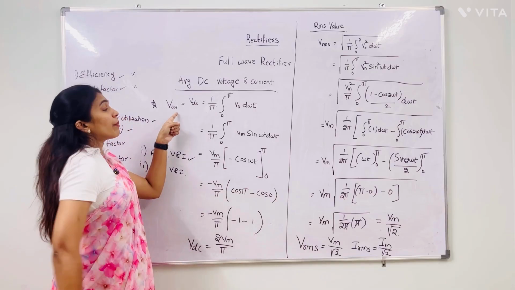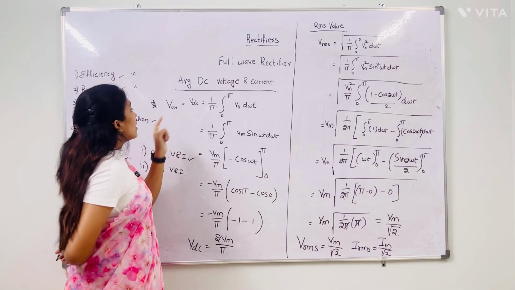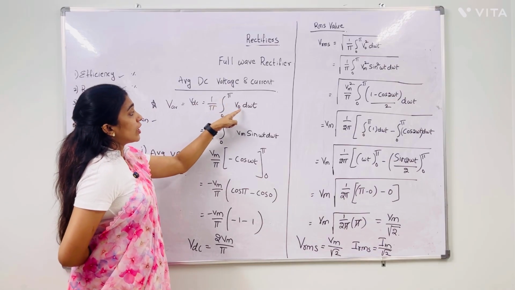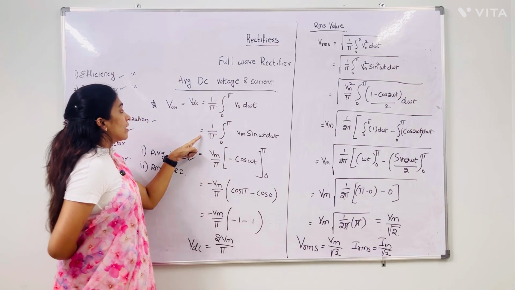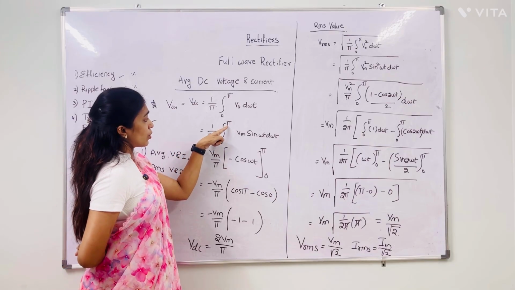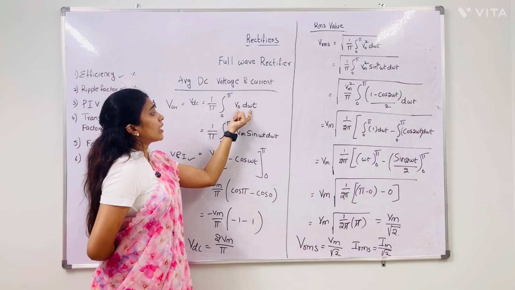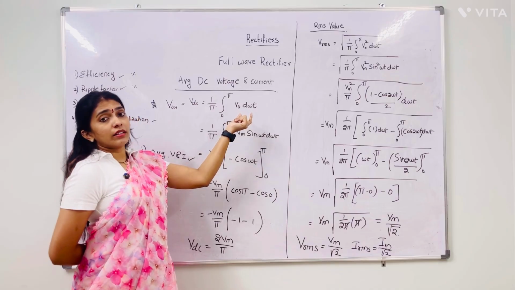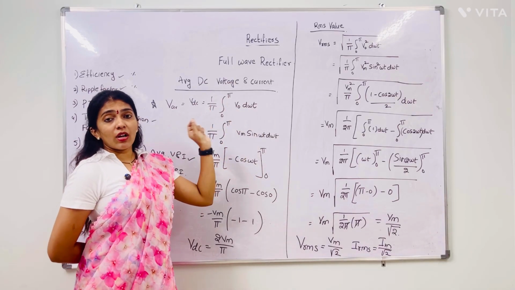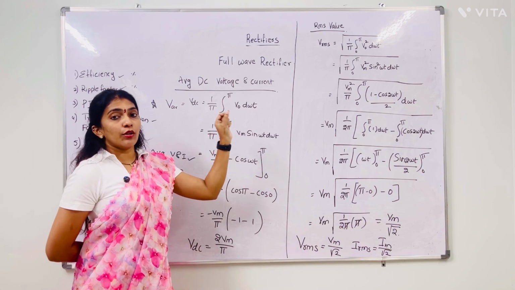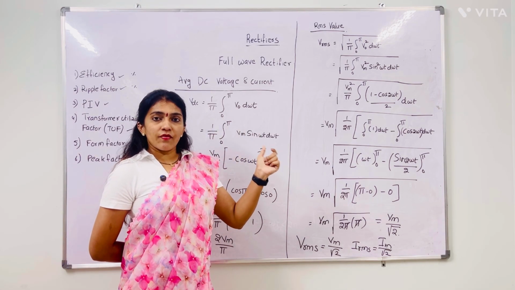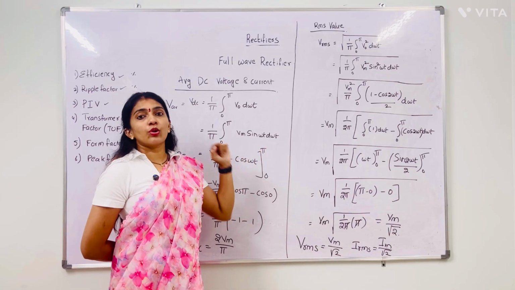So you have to remember this formula, right? VDC equals 1 by pi integration 0 to pi V naught d omega t. Here V naught is equal to 2 Vm sine omega t, with limits from 0 to 2 pi.